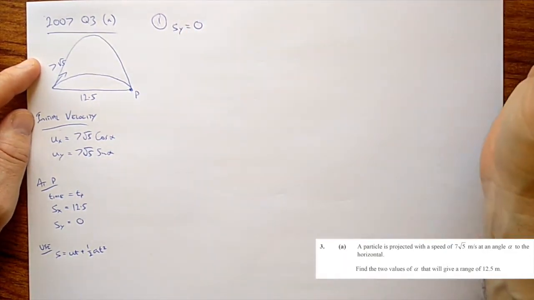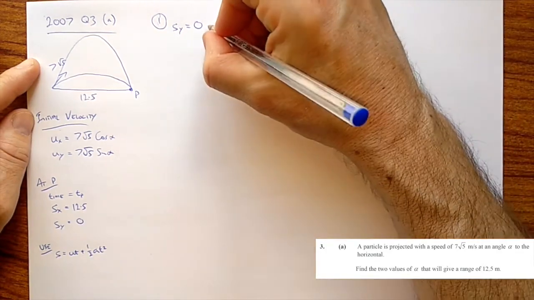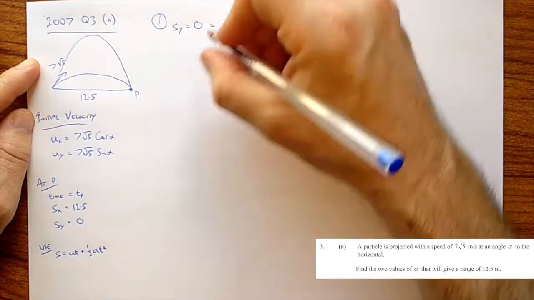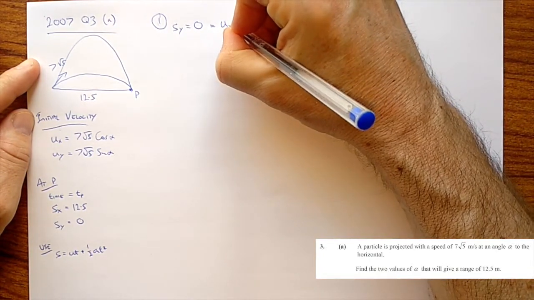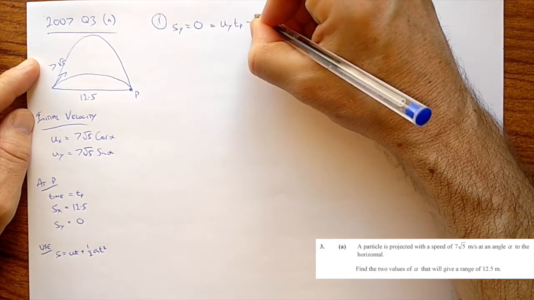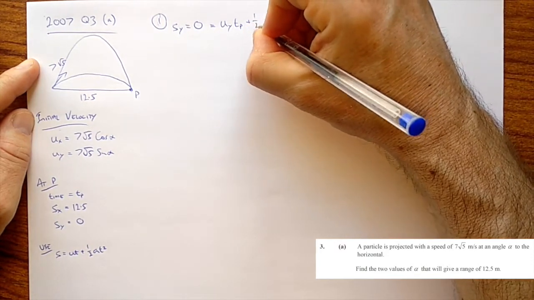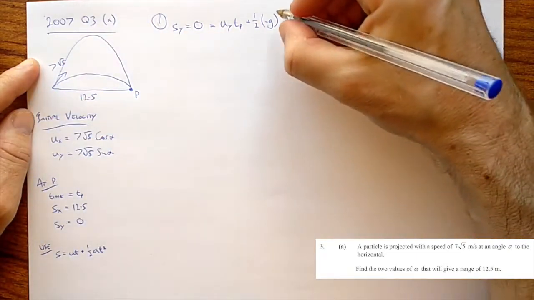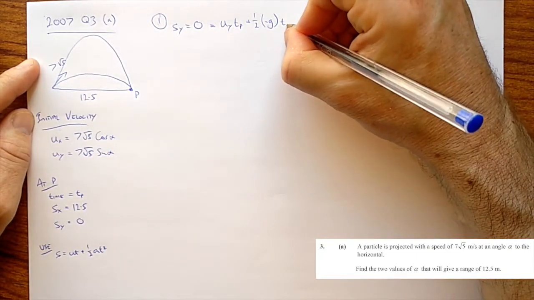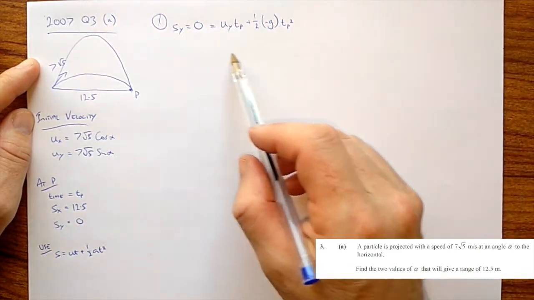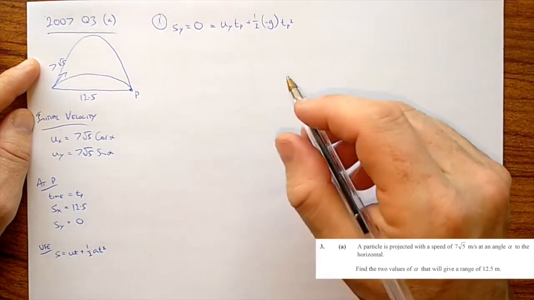We may as well get the easy stuff out of the way before we deal with the hardest stuff. So that equals Uy Tp plus a half, g is negative because we're defining up as positive, Tp squared. You can probably skip this step if you're doing it, but I want to make sure you're clear where I'm coming from.